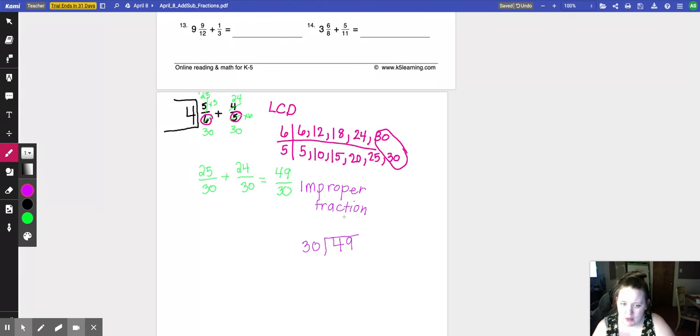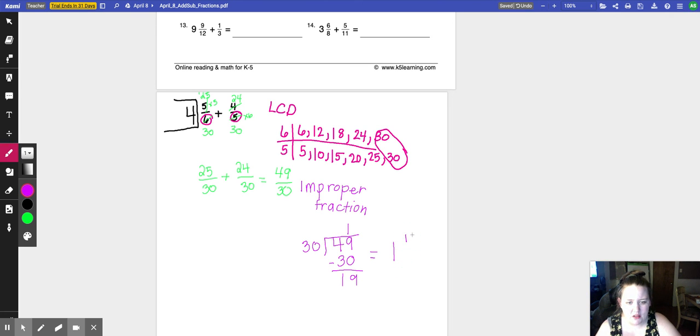So that would be too much. So I know that 30 can only go into 49 one time. 30 times 1 is 30. So I'm going to subtract 30 from 49. 9 minus 0 is 9. 4 minus 3 is 1. So I have 1, remember that's my whole number, and 19 thirtieths.